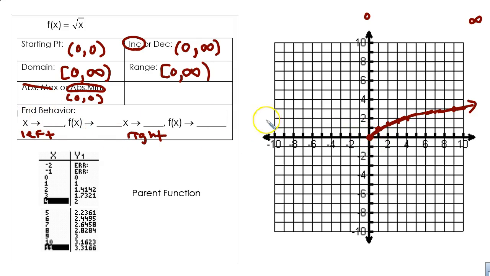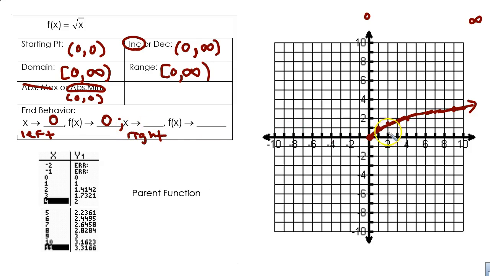So for the end behavior on the left end, we're approaching an x value of 0, and that point has a y value of 0 as well. So as x approaches 0 towards the left, your function approaches 0 from above. On the right side, we're kind of at a different part of this now.